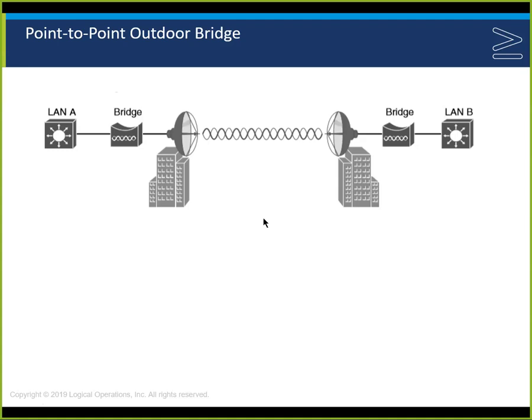The point-to-point outdoor bridge is more like the one that we were talking about, when we connect devices in different buildings, and we're showing here a parabolic antenna, a focused antenna that's going to be a stronger signal strength or power level than we would have, obviously, with our rubber ducky. Rubber duckies are the little antennas that you used to be able to see on the wireless access points, not so much anymore because they make them internal, so you really can't tell how many antennas there are.